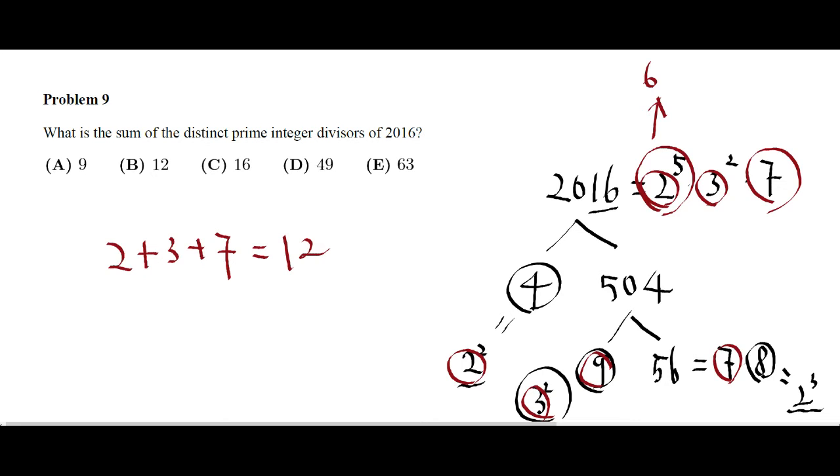So next one, 3 squared has 3 factors, okay? 7 is a prime number, so it has only 2 factors, right? Total number of factors, you just multiply them all. So, 36. Next time, I'll explain this one. 2016 has totally how many factors? 36 factors.